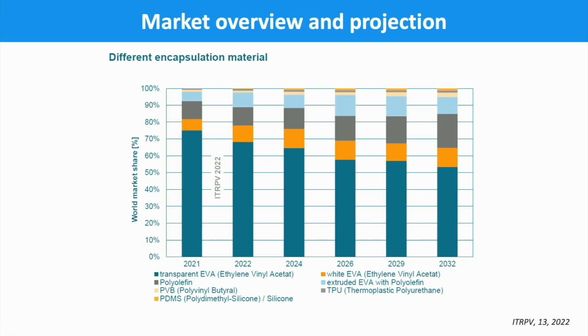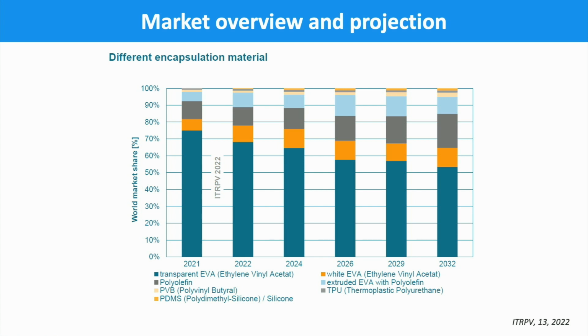This slide shows a current market overview and a projection of the next 10 years from the most recent version of the International Technology Roadmap for Photovoltaics. Transparent ethylene vinyl acetate, or EVA, has a market share of over 70%, which is projected to slowly decline to about 50% in 2032.